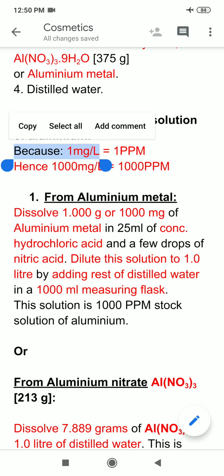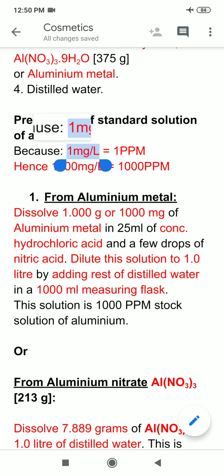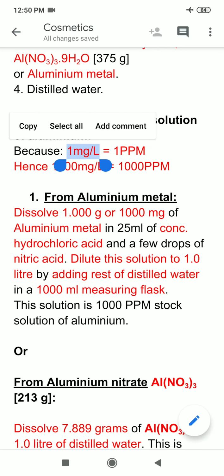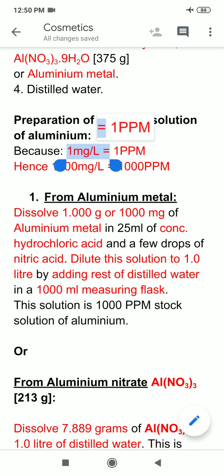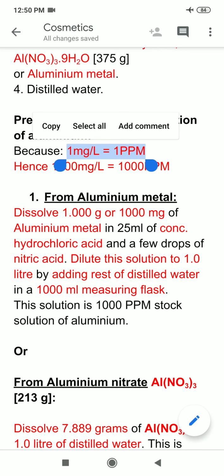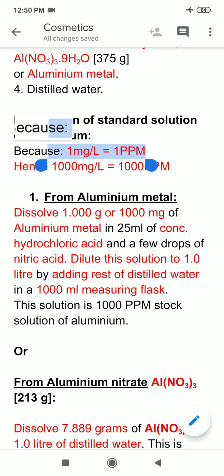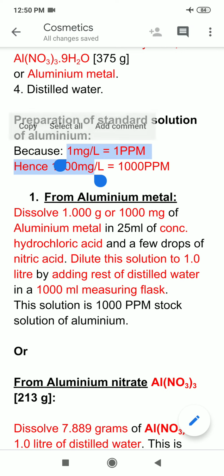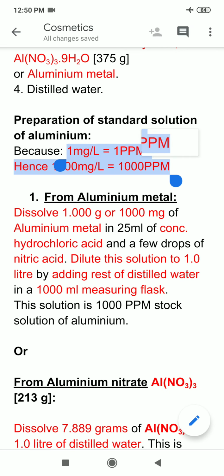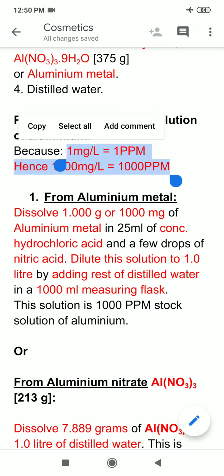So if I dissolve 1 milligram of a solute in 1 liter, then I would say that its concentration would be equal to 1 ppm. Or similarly, if I am dissolving 1000 milligram in 1 liter, then it would be equal to 1000 ppm.